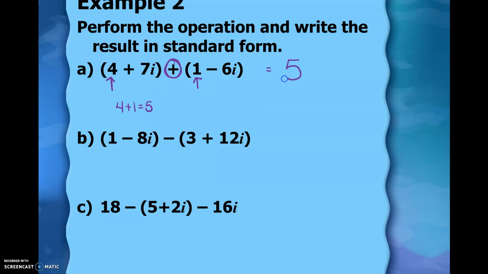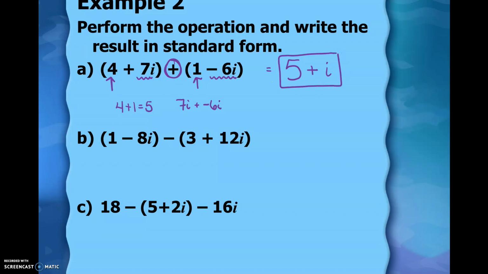So the first part of our answer is 5. Now, what does 7i match up with in the other set of parentheses? -6i. So do 7i plus -6i. 7 plus -6 is 1i.